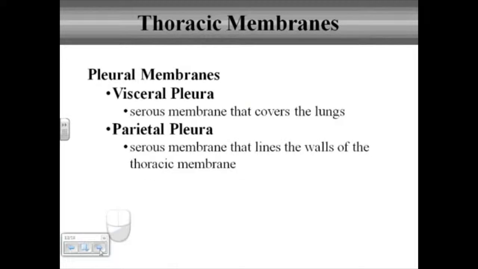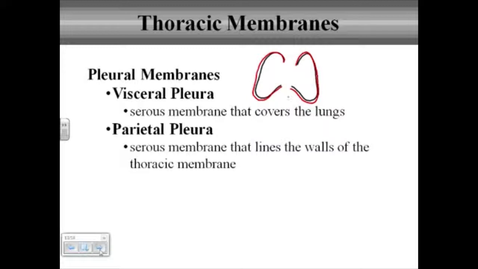So within the thoracic cavity, we have a pleural membrane. So we'll have the visceral pleura and the parietal pleura. Basically, what we're talking about is that when we're looking at our lungs, bad drawing again, we're going to have a layer that sits right around the lungs, which would be our visceral pleura.